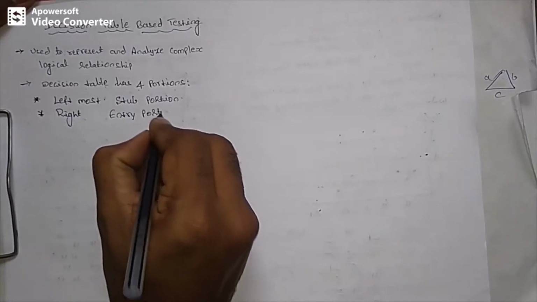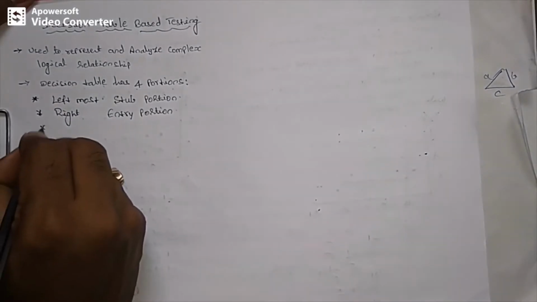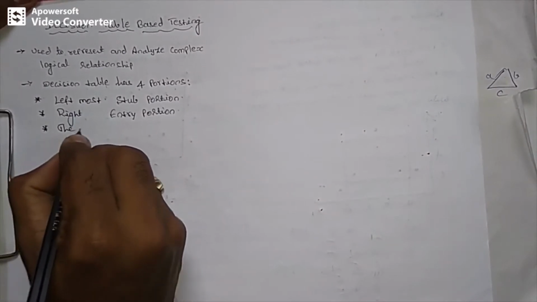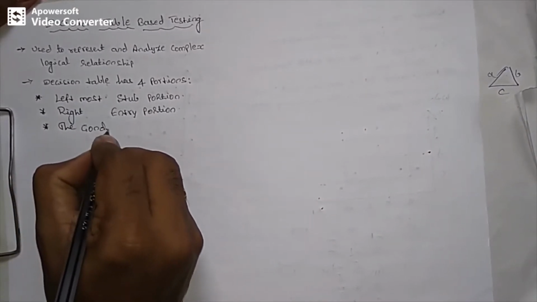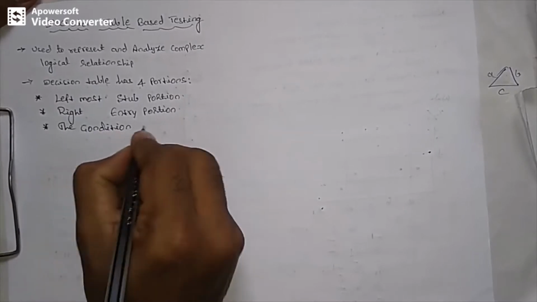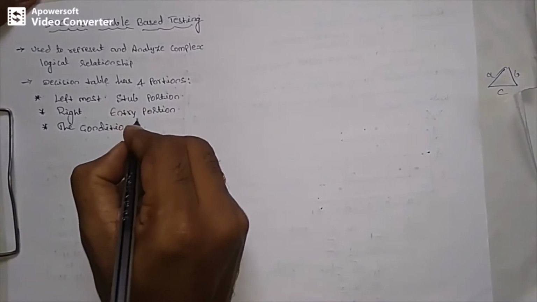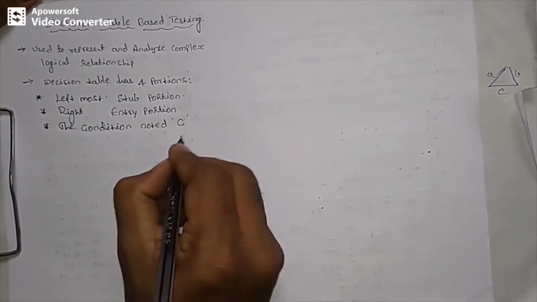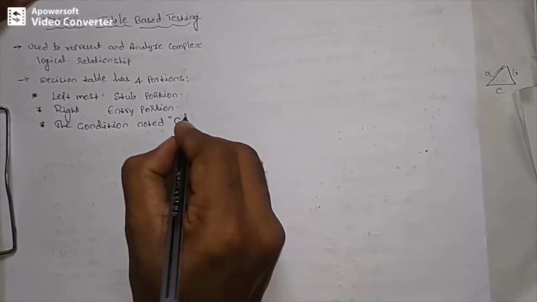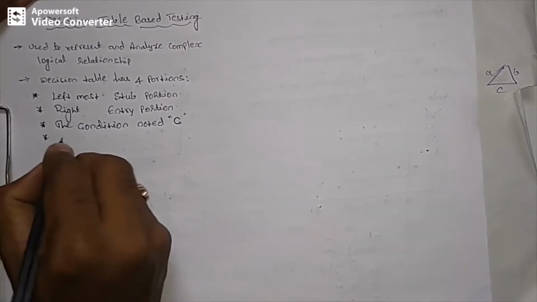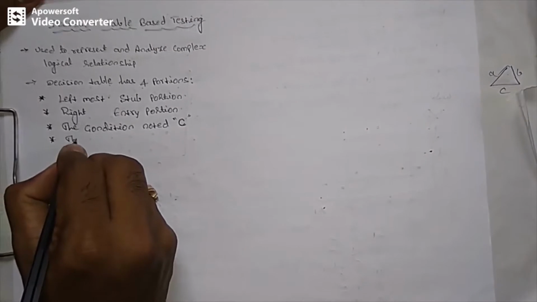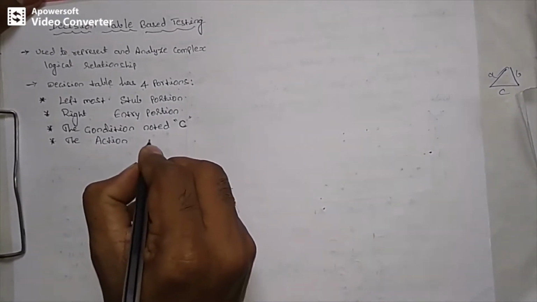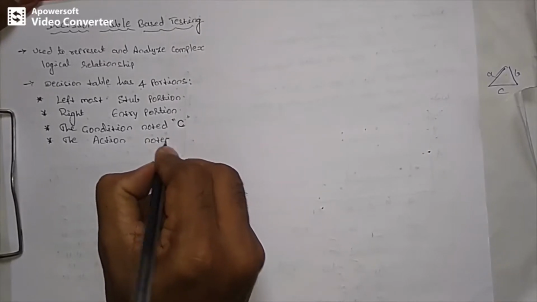The decision table technique also includes a condition portion. These conditions are represented by a small c. Similarly, the last portion is the action portion, which is noted by a small a.